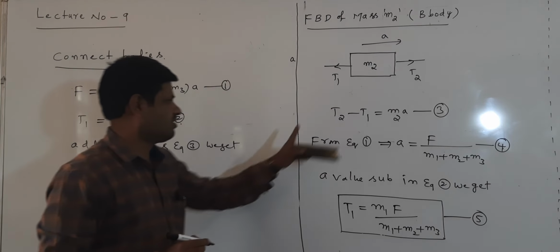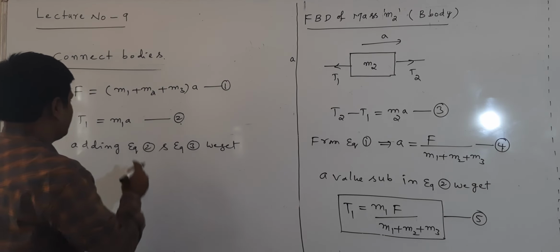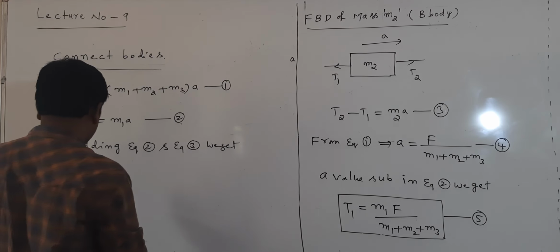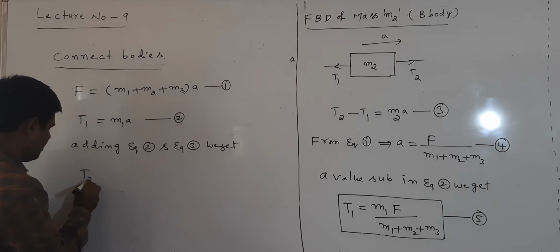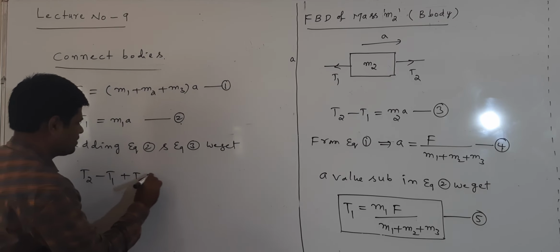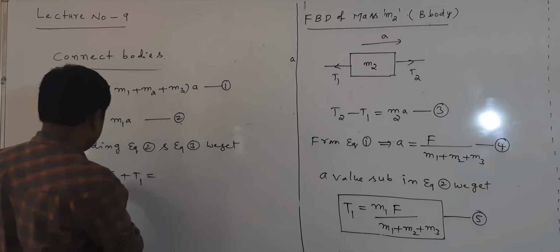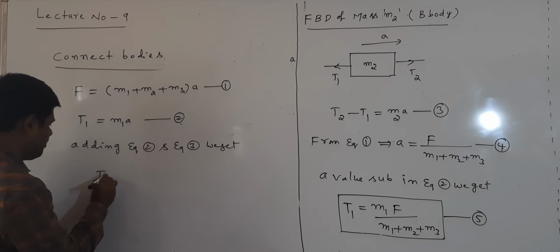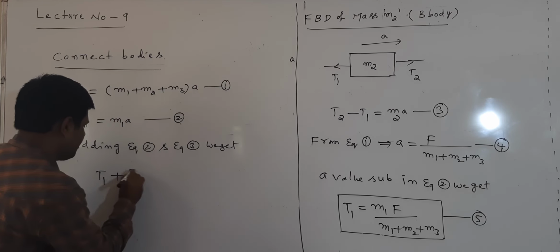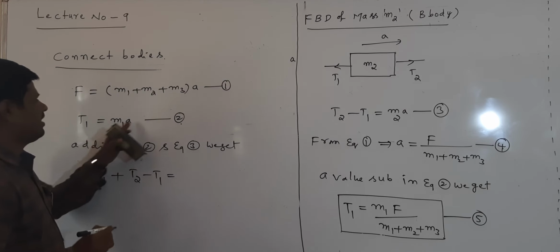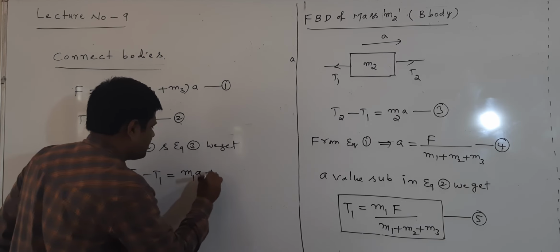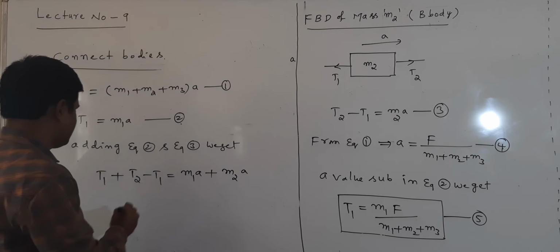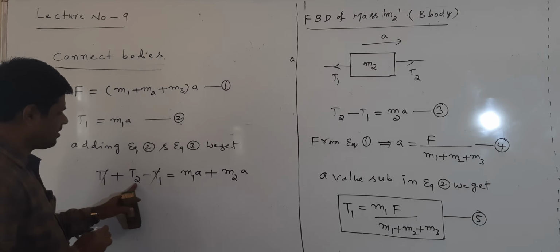Now adding equation 2 and equation 3, what are we getting here? This is T2 minus T1 plus T1 is equal to, equation 2 is T1 is equal to M1A, plus equation 3, T2 minus T1 is equal to M2A. Now T1 and T1 cancel, remaining is T2.